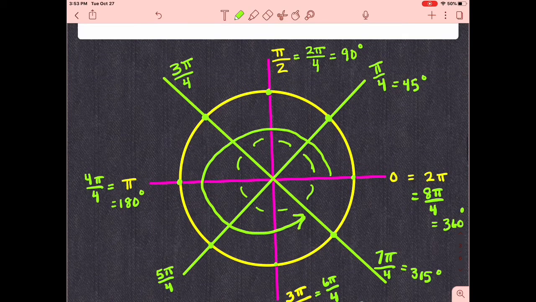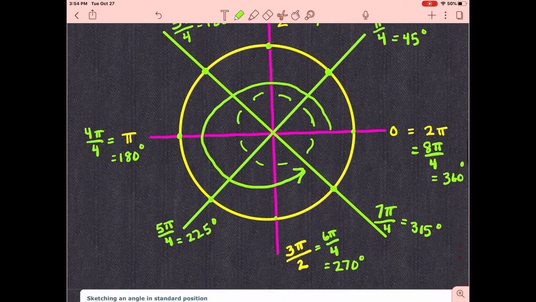So up here is 90, and then 90 plus 45 is 135. We don't always have to keep converting back to degrees, but sometimes when you're first talking about radians, it helps. We have 180 plus 45. Right here would be 225 degrees. And then we get down here to 270, and then over here to 315.